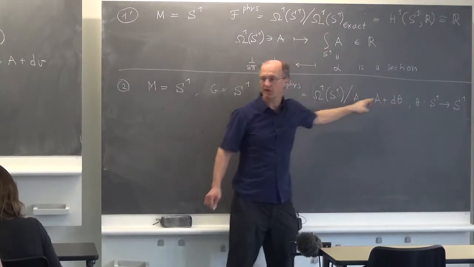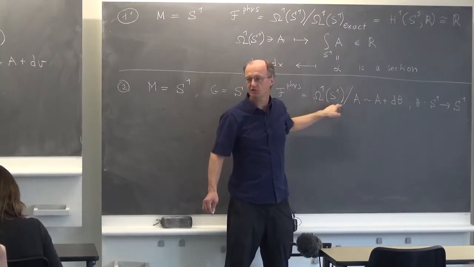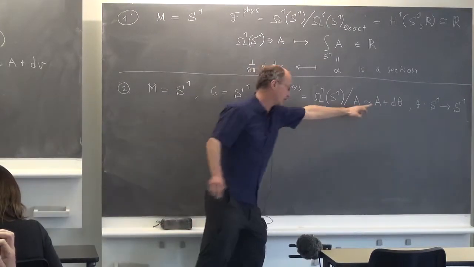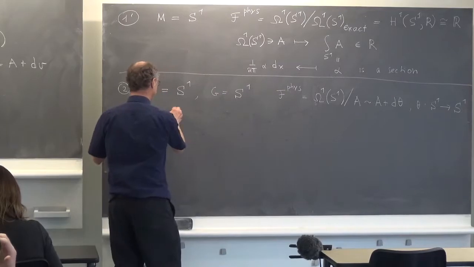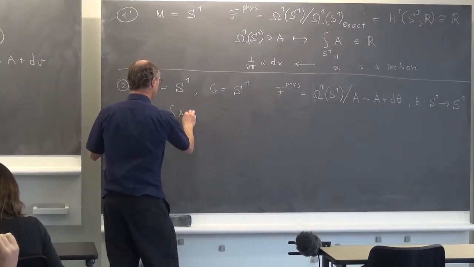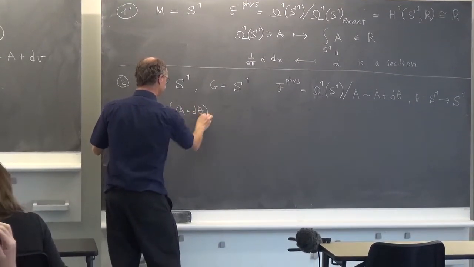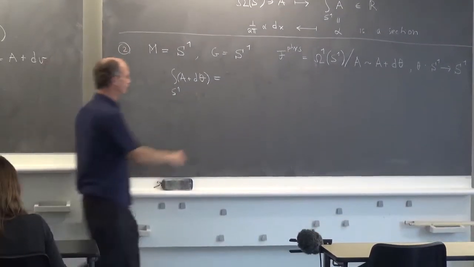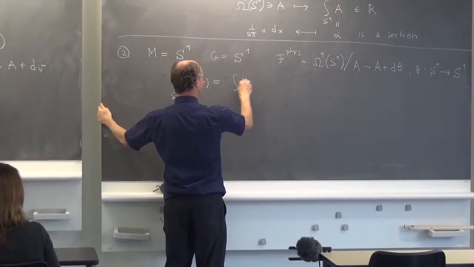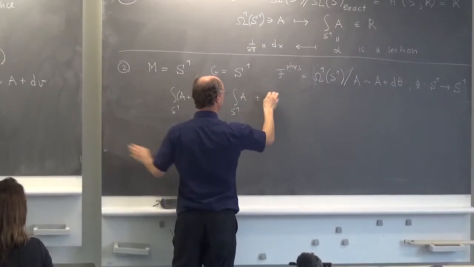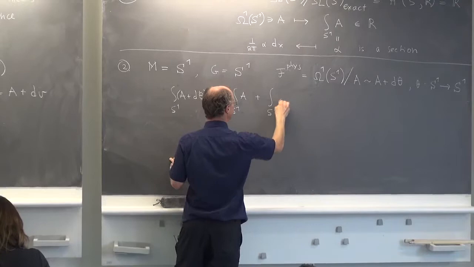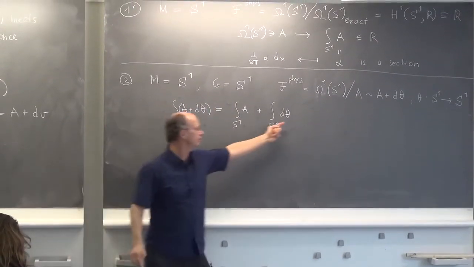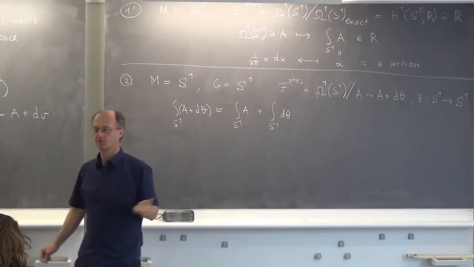So let's see what happens with the integral if we change A by a gauge transformation. The integral of A plus d theta over S1 is an integral of A over S1 plus an integral of d theta. So what's the integral of d theta for theta a map from S1 to S1?